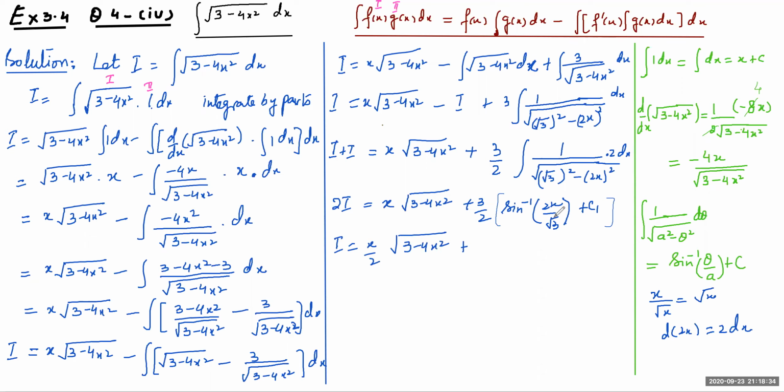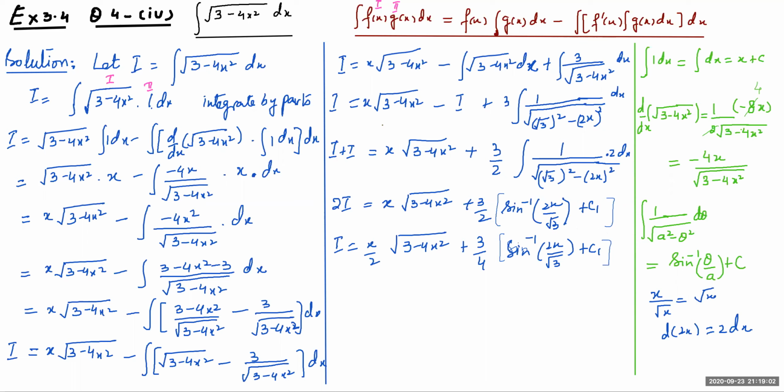When I divide both sides by 2, I get by 2 here, I get by 2 here. As a result, I will have 4 here, and inside the bracket, I have sine inverse 2x by square root of 3 plus c1, and now I will close this bracket.